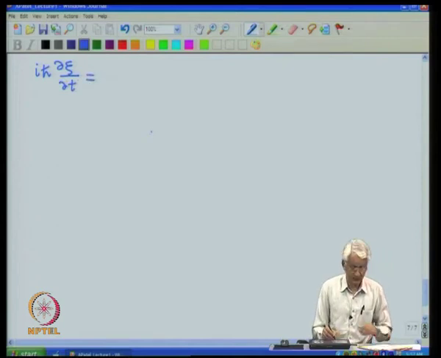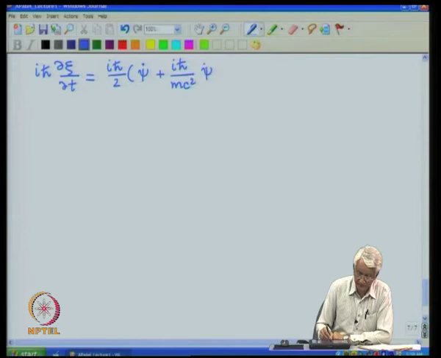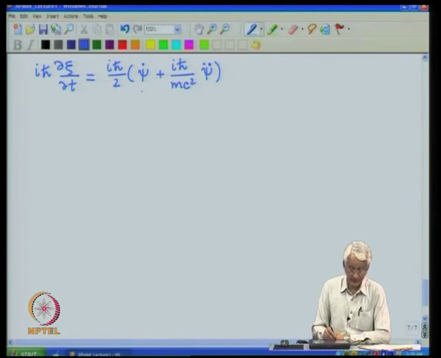The derivative is rather easily calculated by just taking the definition, and it produces the combination of psi dot and psi double dot, but now we can use the various equations which we know to rewrite this in a particular form.